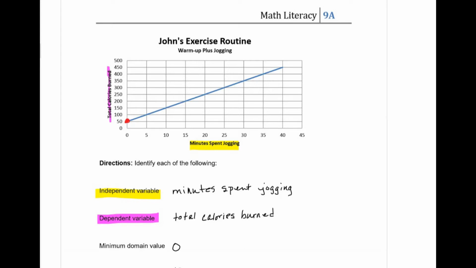So why does it start at 50? So let me give you a minute to pause the video and think about that. To understand why your graph starts at 50, you have to go back to the title of your graph. It says warm up plus jogging. This 50 calories burned is the calories burned from the warm up.